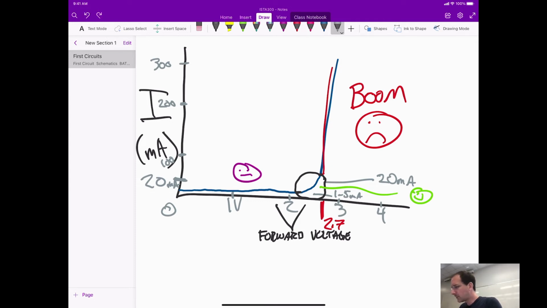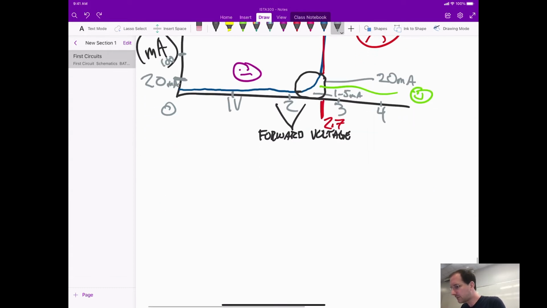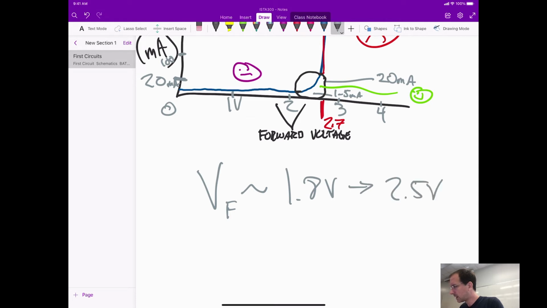And even though I've drawn a cartoon number here of 2.7 volts as this magic number, in practice, the forward voltage has a range, and the range tends to be anywhere around 1.8 volts to 2.5 volts, depending on the kind of LED that you're using.